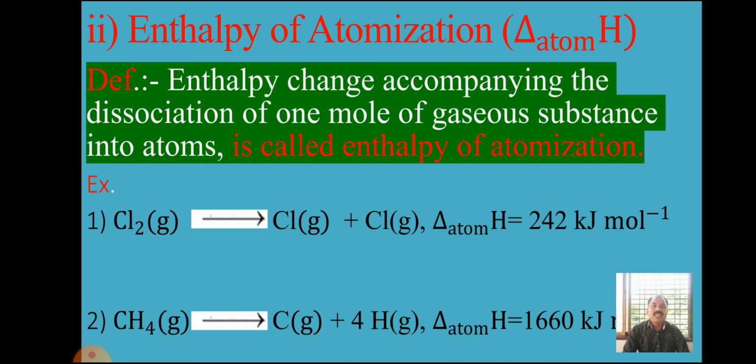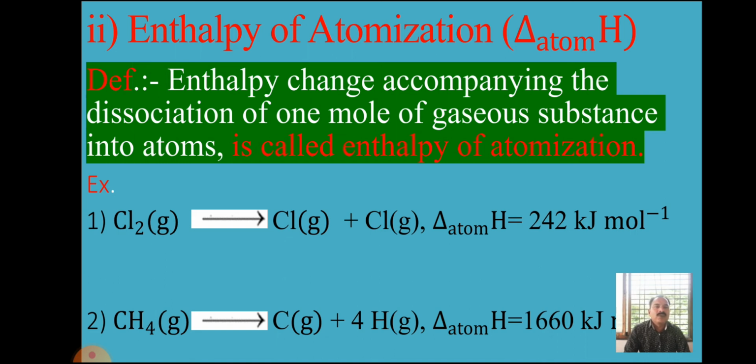Examples: number one, gaseous chlorine, that is Cl2, dissociates into 2 Cl gaseous atoms. That means Cl2 gives Cl gaseous state plus Cl gaseous state, and its enthalpy of atomization is 242 kilojoule per mole.